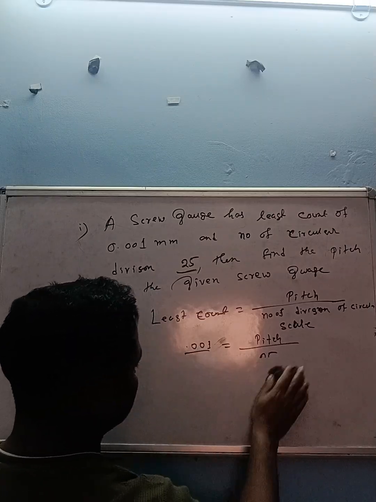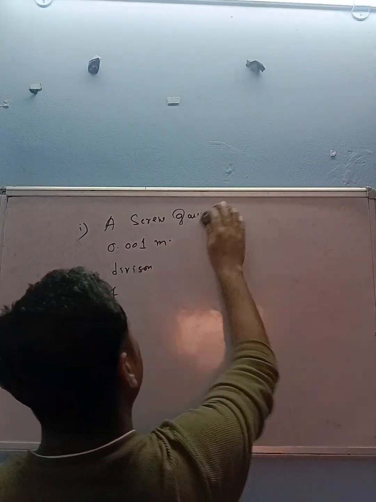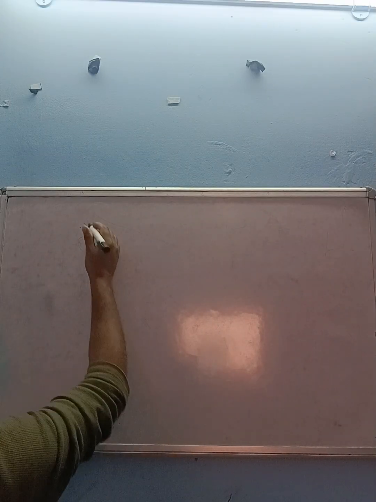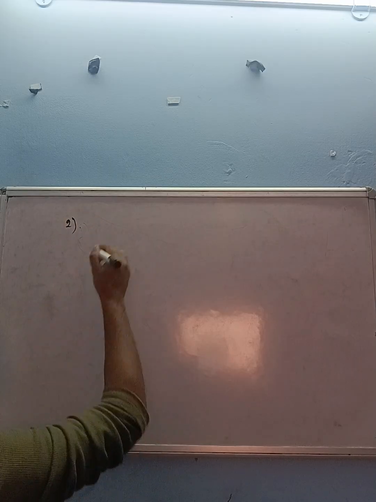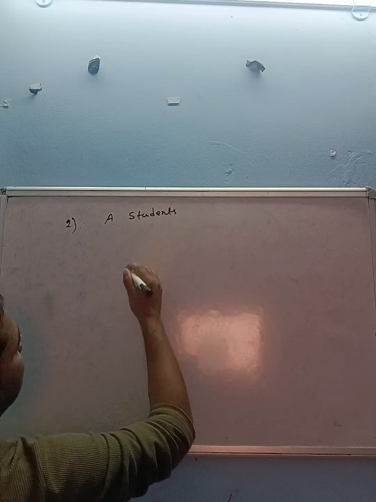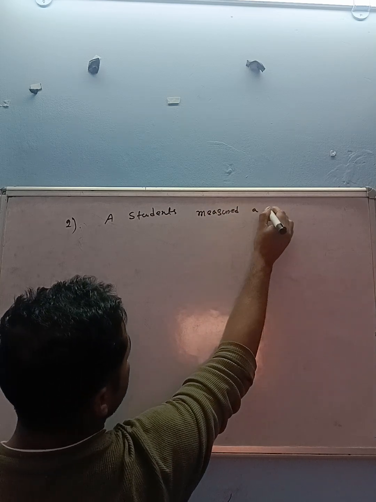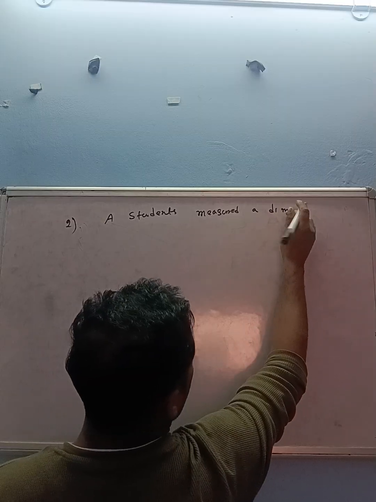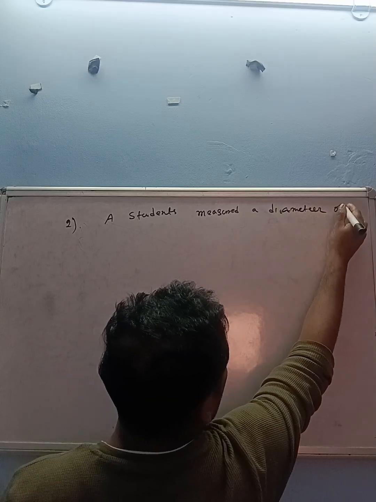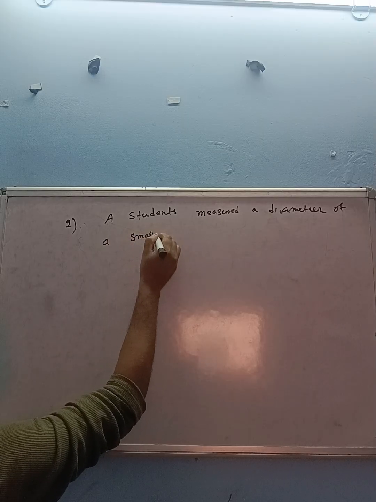Okay, next another example, and you can see it's very interesting. Example 2: suppose a student measured the diameter of a small steel ball.